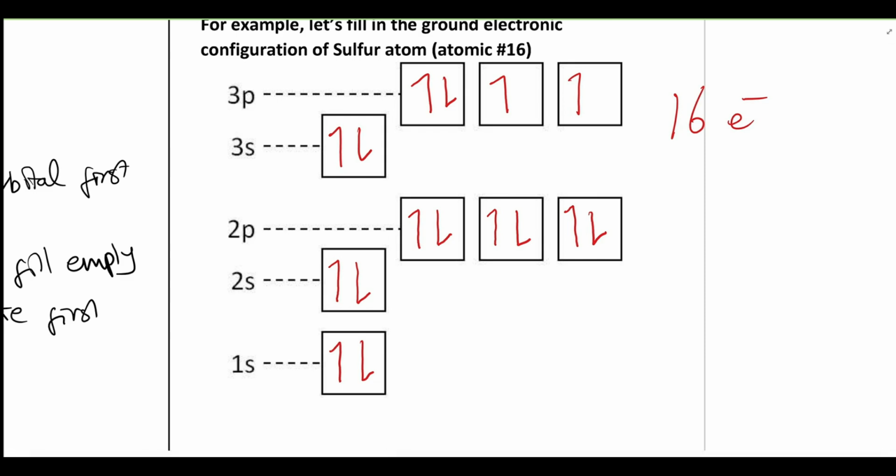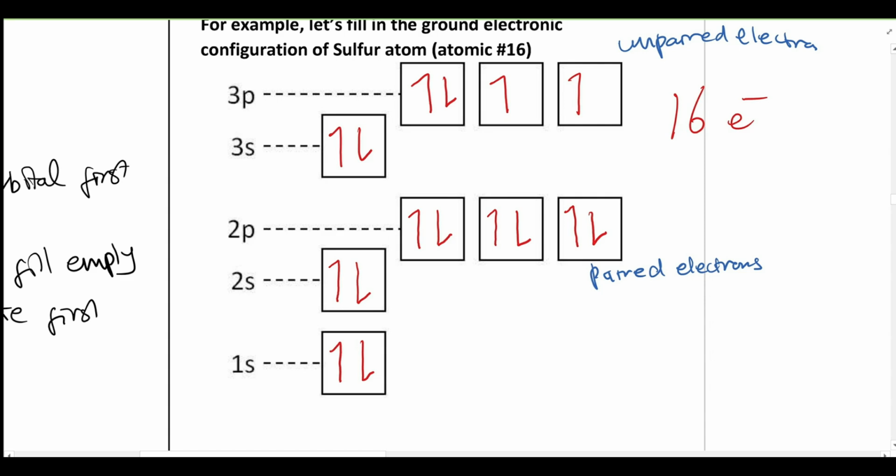So these boxes here just tell you how the electrons are organized. Some terminology: if you see only a single arrow pointing upward, it's called an unpaired electron, because there's no pair. And these are paired electrons.